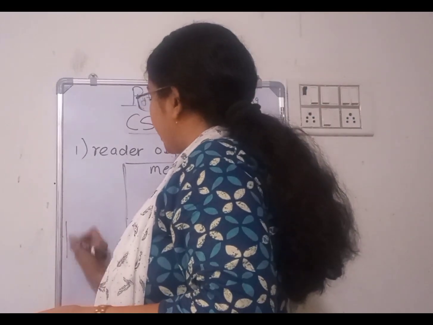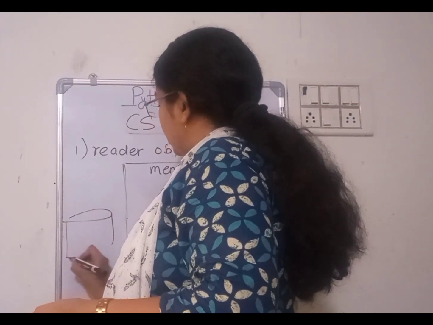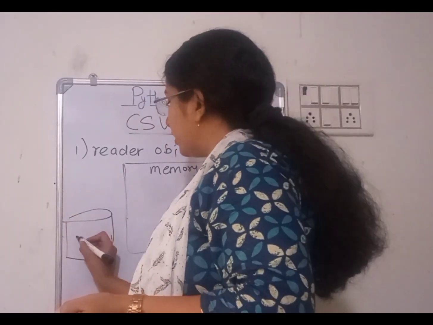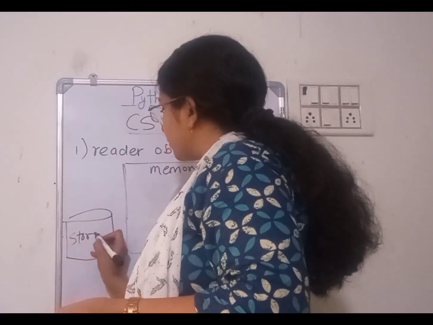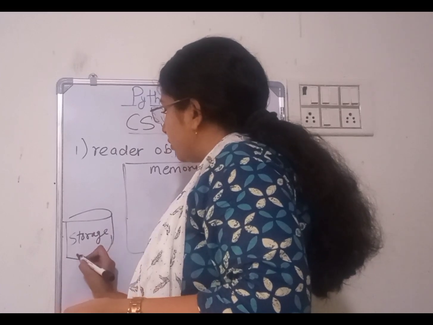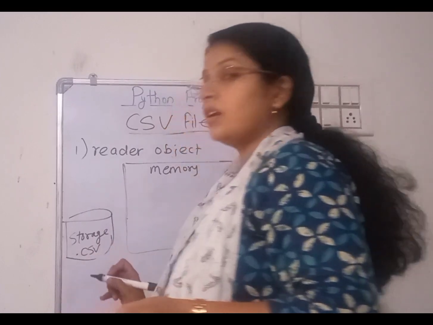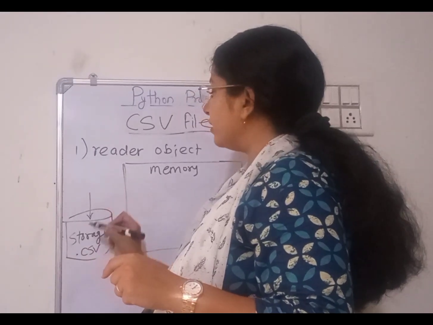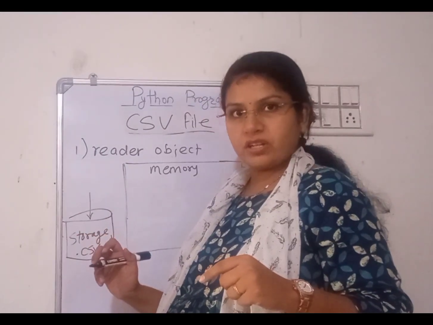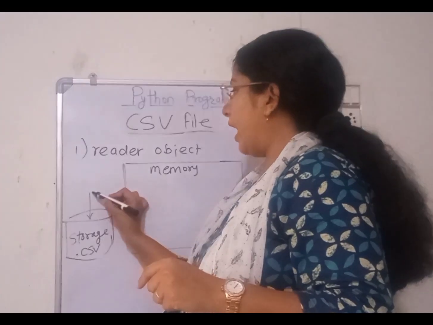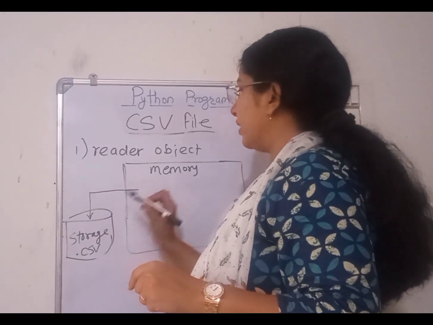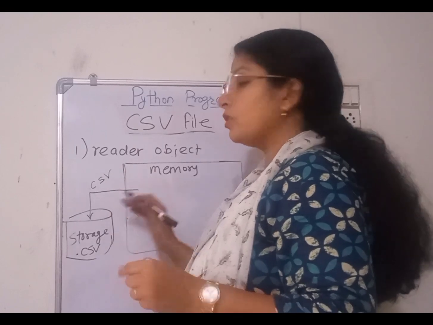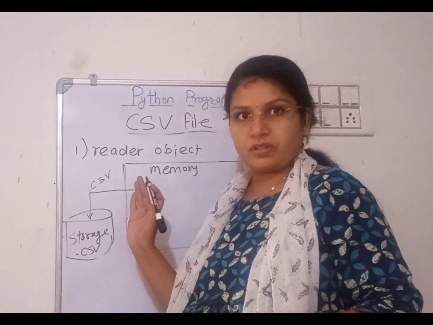Your CSV files are stored in your computer's hard disk drive, so this is your storage where your .csv files are stored. You are reading the files from your storage disk, the hard disk drive, and you will pass this .csv file to the memory for pre-processing.